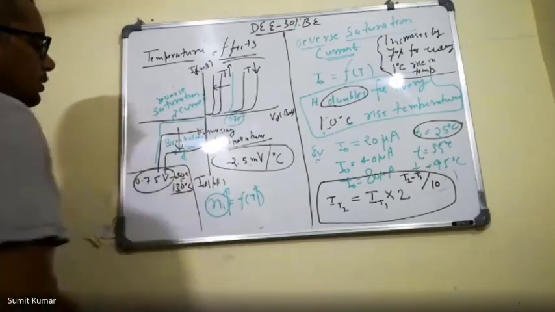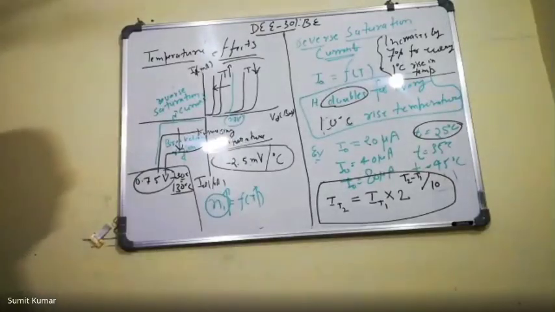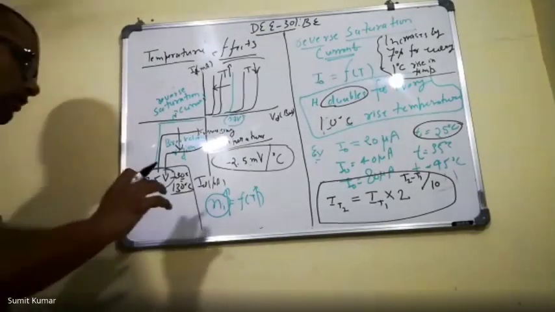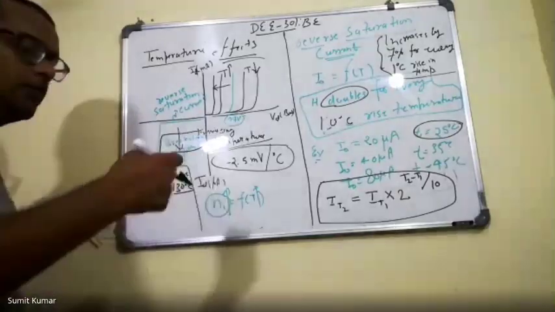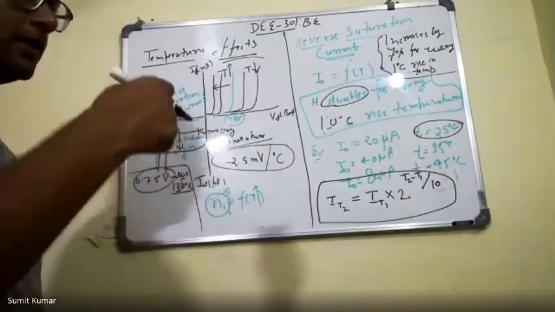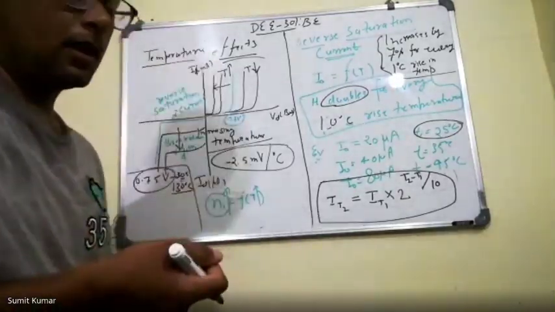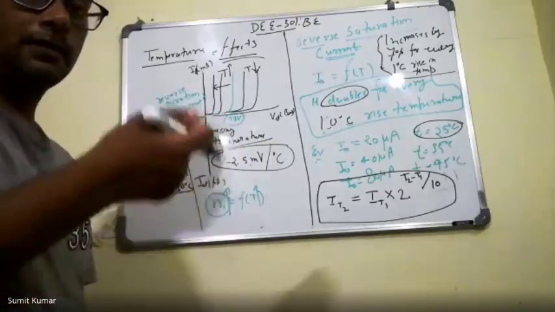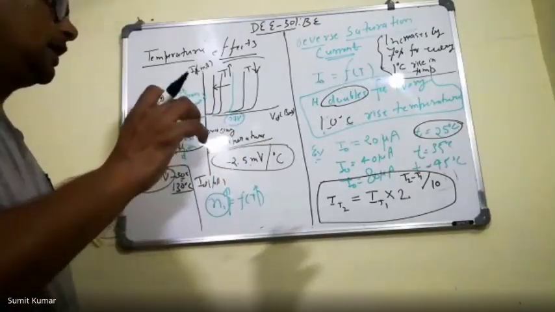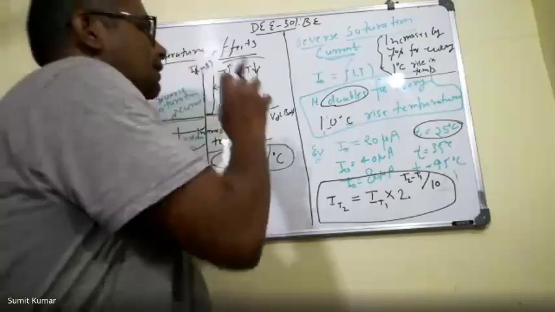Now the temperature is increased, and what you need to understand is that this diode might be in some industrial condition, at some place where the temperature might increase. It's not like you are only learning the diode.